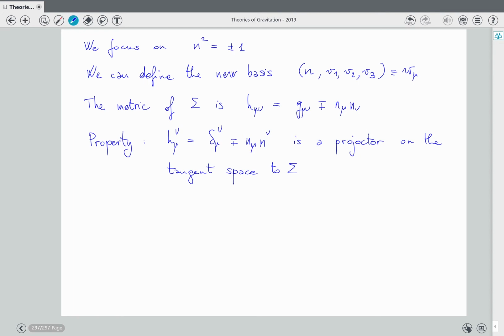Well, first we check that it is a projector and then that it does its job of projecting. To be a projector, its square should be equal to itself, first of all.